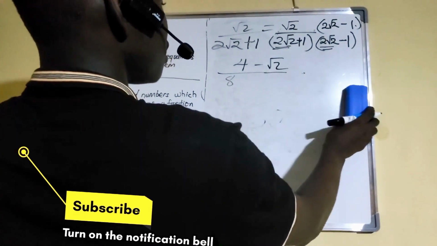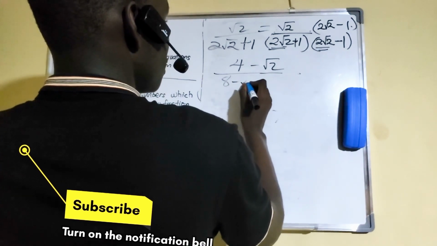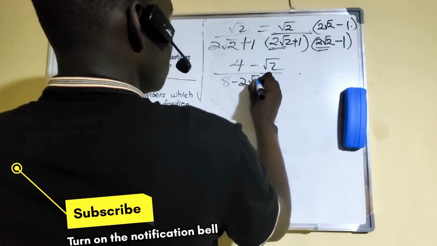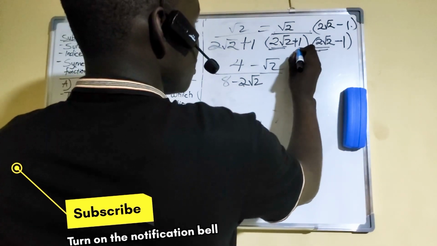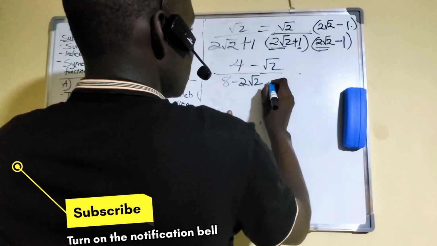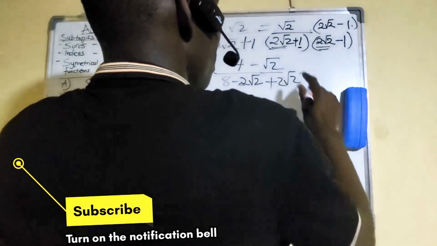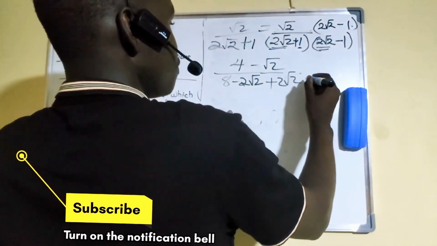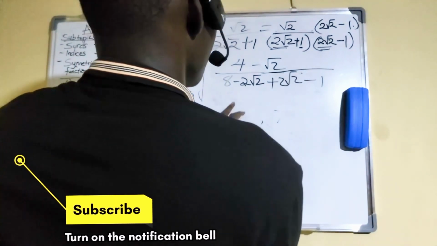Now this root 2 times negative 1, that gives me negative 2 root 2, then 1 times 2 root 2, that gives me plus 2 root 2. Now 1 times negative 1, that gives me a negative 1. Now this is what we have.